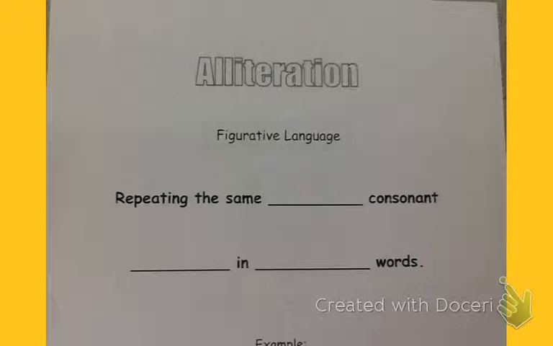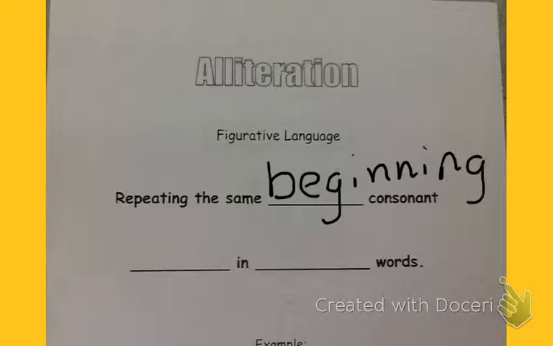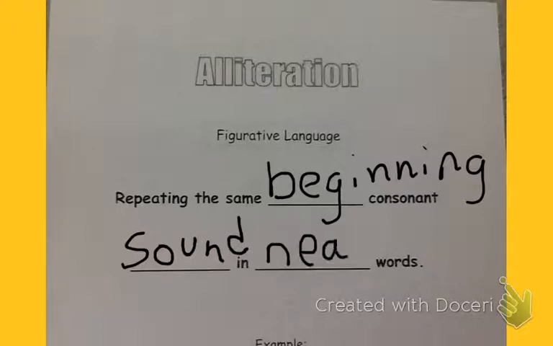Alliteration is when you repeat the same beginning consonant sound in nearby words.